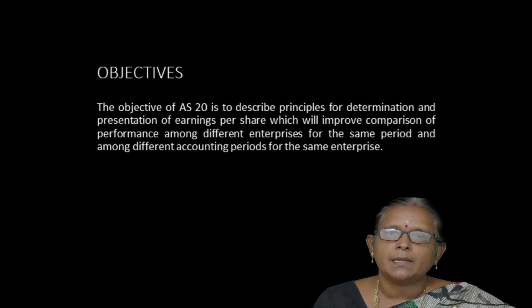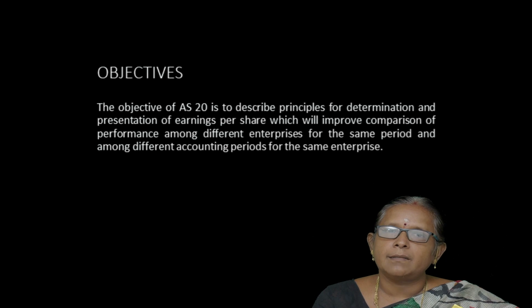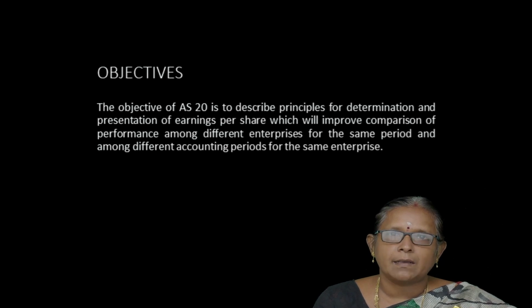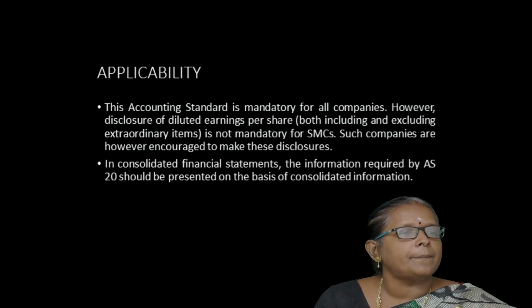Both are possible here. So the main objective is to describe the principles for determination of earnings per share and the presentation of earnings per share in the financial statement of the company.